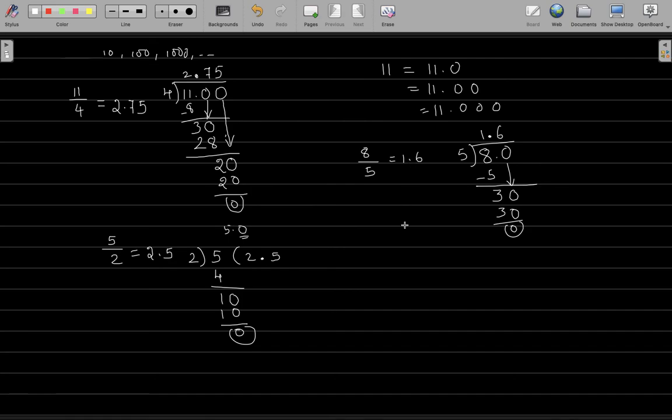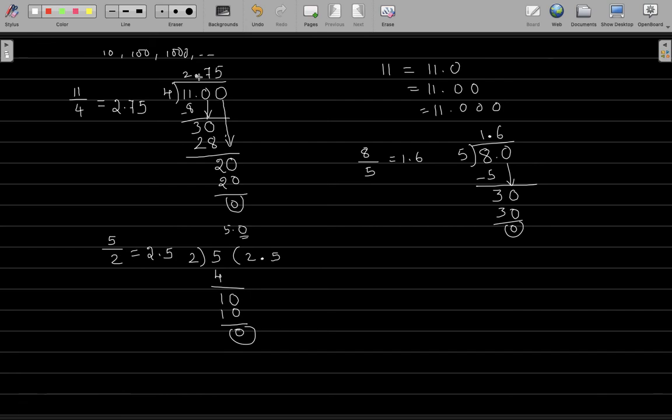You understand? So converting a fraction to decimal when the denominator of the fraction is some random number is very simple. You just do the normal division as you do. Instead of stopping at a remainder, we try to get a 0 remainder by adding a decimal point in the quotient.